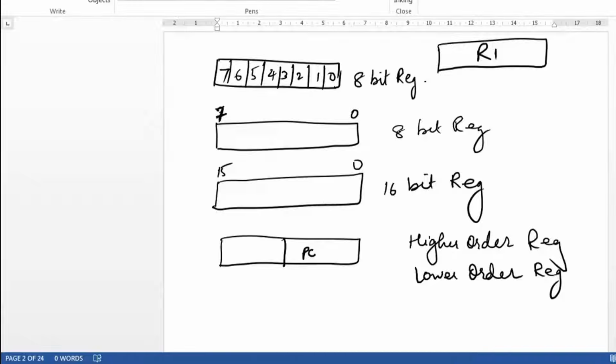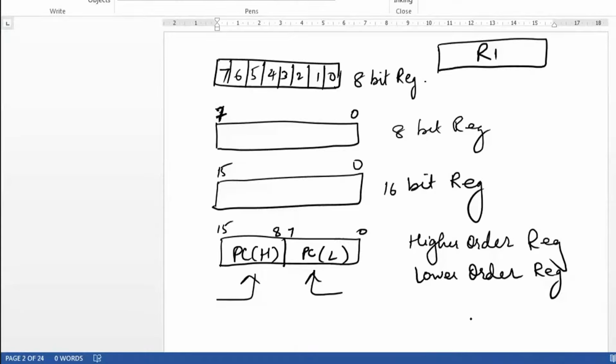But first of all, we are just looking at how do we represent a register in this register language. Okay, so I can write this as PCL, PCH. Here 0 to 7, 8 to 15. So suppose it is a 16-bit register, okay, with 0 to 7 as lower order. This is lower order register. This is higher order register. Fine. So this is the way in which you can represent registers.